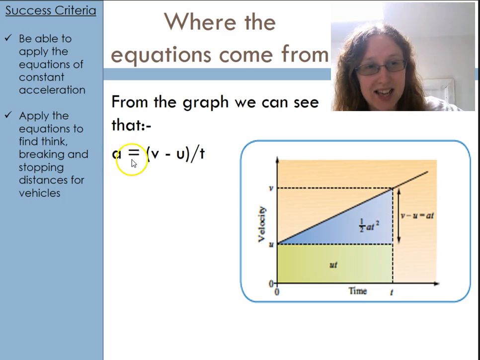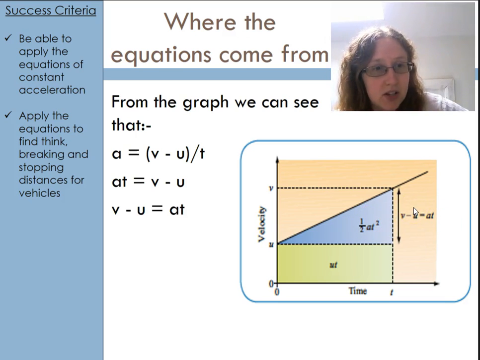So that gives me that a equals v minus u over t. So I can then rearrange that. So if I just bring t over to the left-hand side of the equation, that gives me that at equals v minus u, which is going to be useful later on. So I know that this side, v minus u, is also equal to at. If I keep rearranging, I get to v minus u equals at, and eventually v equals u plus at, which was our first equation.